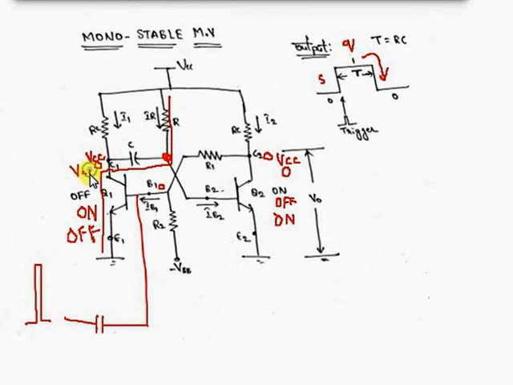Since one terminal of the capacitor is at VCC, the current direction changes, and transistor Q2 is again in the on state continuously. Then to change the transition again, we have to apply an external trigger.